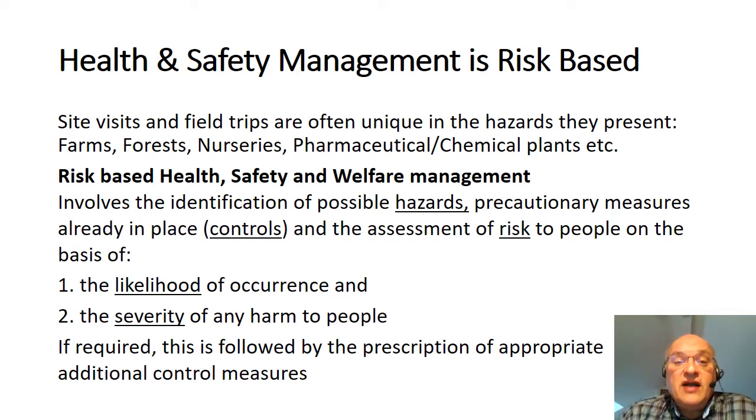First of all, the likelihood of the occurrence happening, and secondly, on the severity of any harm to people. We can have hazards that are quite severe, like fall from rock faces or being hit by a moving vehicle and something like that. But we can also come across things that, of course, are minor in terms of severity, the injury that can happen to people.